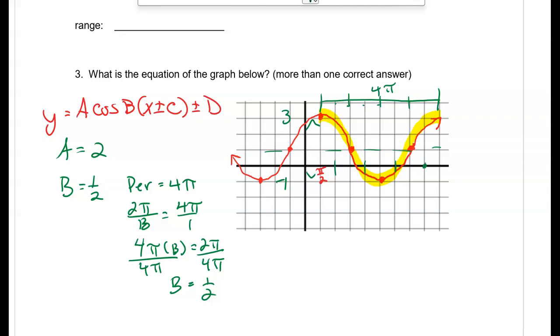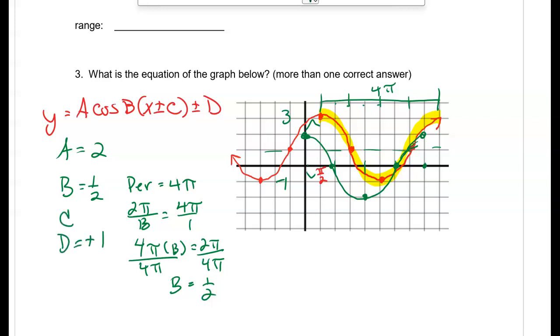We'd be up here at 2, halfway, and I make sure I go halfway, down to. This would be like our original graph. But I need to get to where the yellow one is. What's my horizontal and vertical shift? Up 1. So D is going to be +1, right?